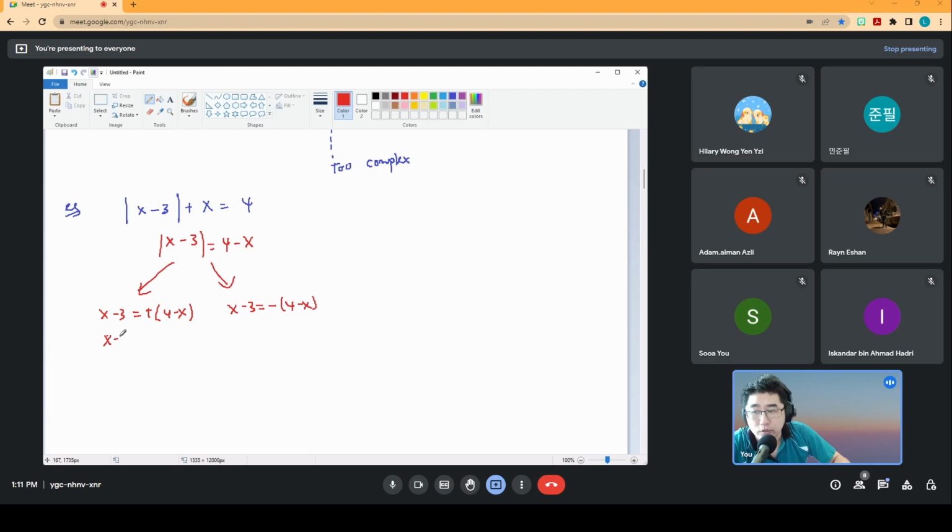So x minus 3 equals to 4 minus x, I have 2x equals to 7, x equals to 3.5. If I do it this way, x minus 3 equals to minus 4 plus x, so x cancels off, you have 1 equals to 0. So this one has no solution. Then we have one answer over here.